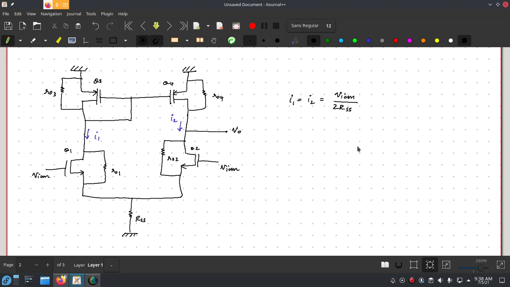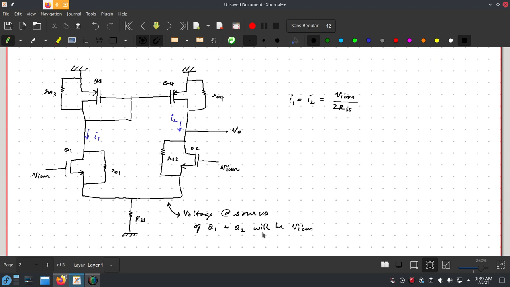Now the voltage at the sources of Q1 and Q2 will be actually close to VICM. Why it will be close to VICM is because if you assume Q1 and Q2 to be a common source follower, for a source follower, input is given to gate, output is taken at source.